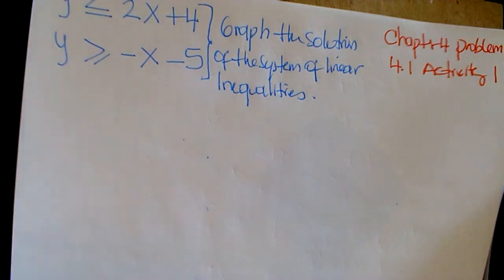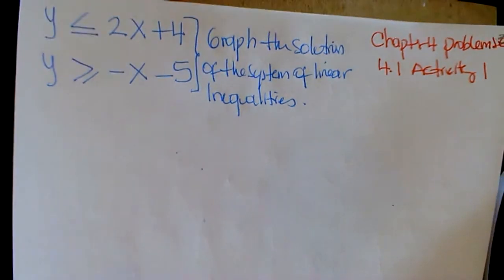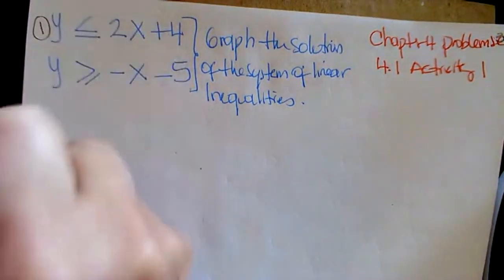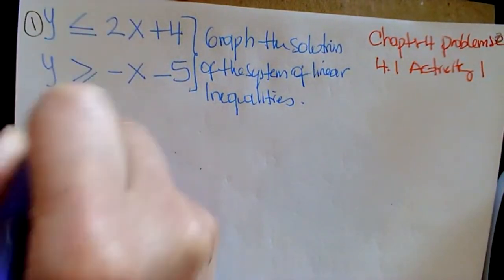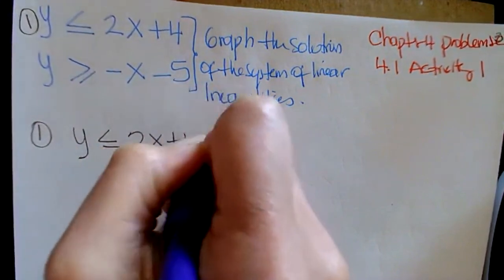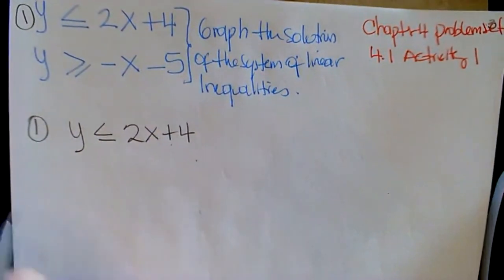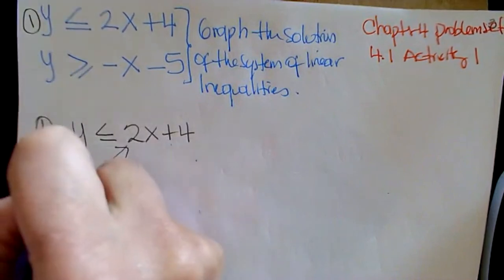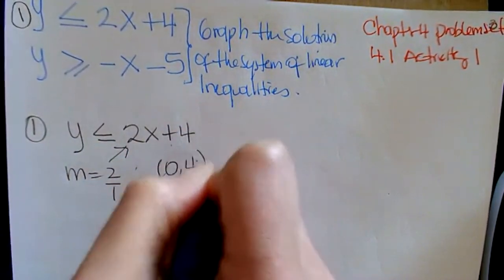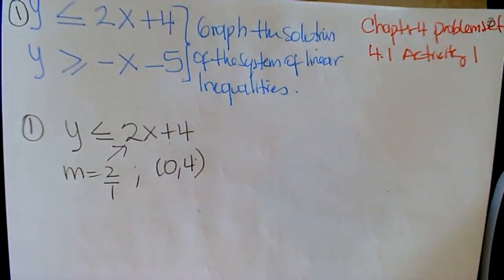So let's do it. Now, this one, take the first one. Y less or equal to 2x plus 4. So we know that the slope is 2 over 1 and my y-intercept is 0, 4. All right?